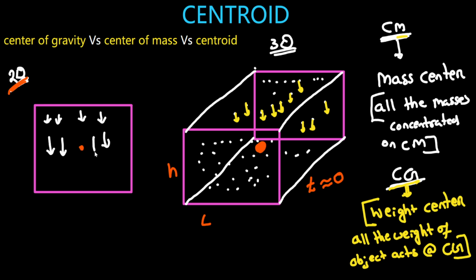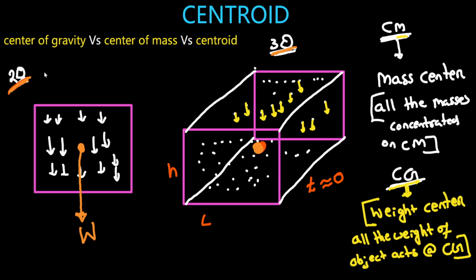Getting my point? At every point there is a small weight. What we will do is consider the weight at the center, this is the resultant weight. Suppose W1, W2, W3 are there, here is the capital W, the total weight acting at the CG of the 2D plane. Here is the CG or center of mass of the 3D object.